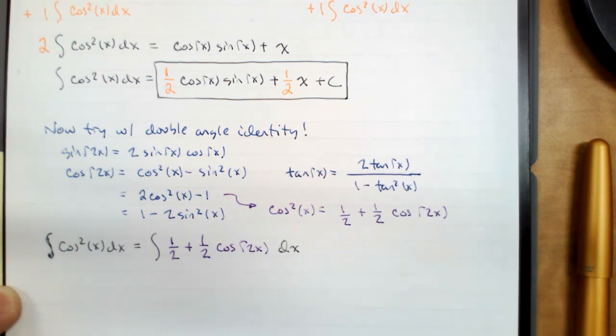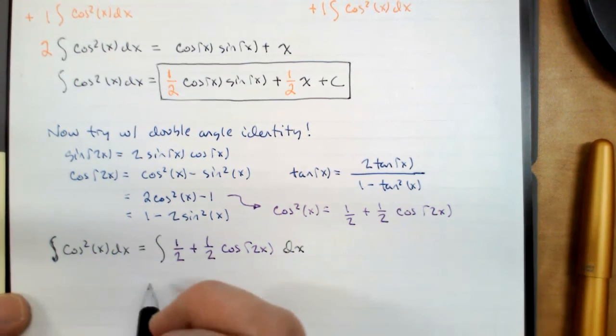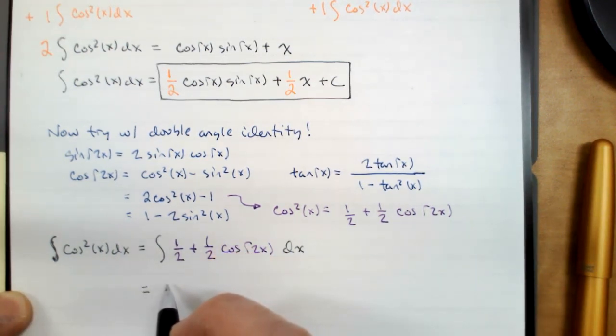Notice that this is still in the integral because all I did was rewrite cosine squared in a different form. Now we've got terms, the integral of 1/2 and then the 1/2 cosine of 2x. I can break that up into terms. The integral of 1/2 is 1/2 x.